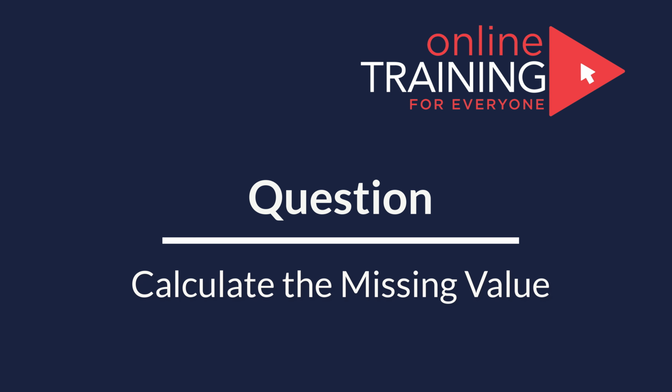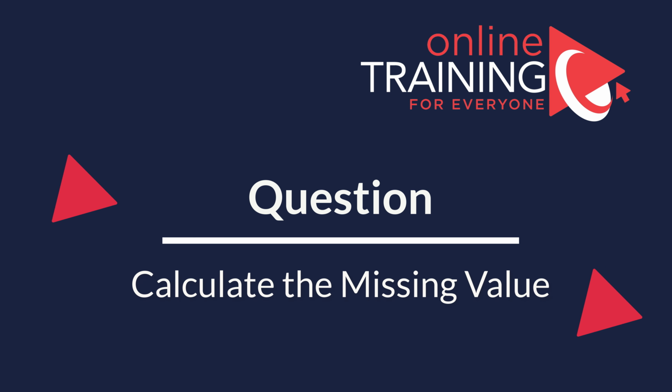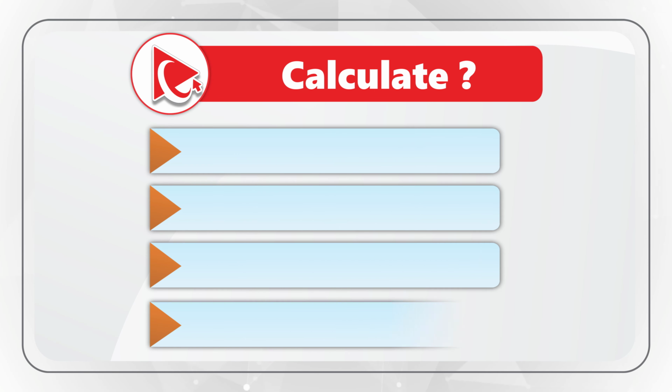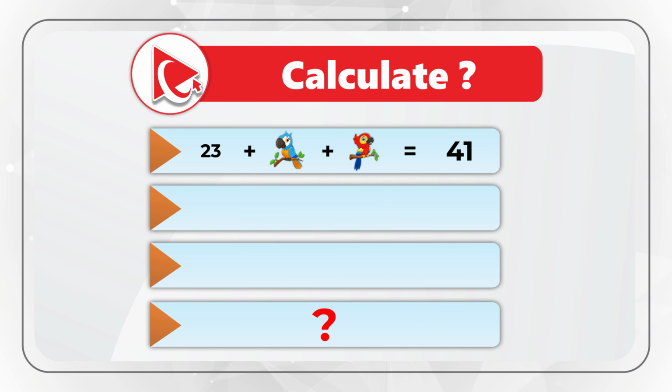One of my favorite questions is where you need to calculate the missing value. You're presented with three equations, and in the fourth equation, the result is missing. The first equation is 23 plus blue parrot plus red parrot equals 41. Second equation, 19 plus blue parrot plus blue parrot equals 31.